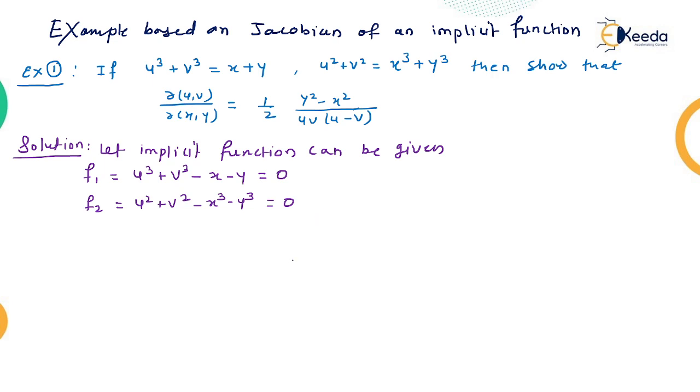Now you have to differentiate f1 and f2 partially with respect to x, y, u, v. I am writing here: differentiate f1 and f2 with respect to x, y, u, v, because f1 and f2 are functions of 4 variables. That is a very important step.